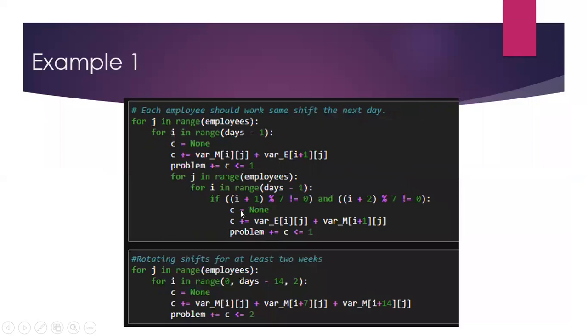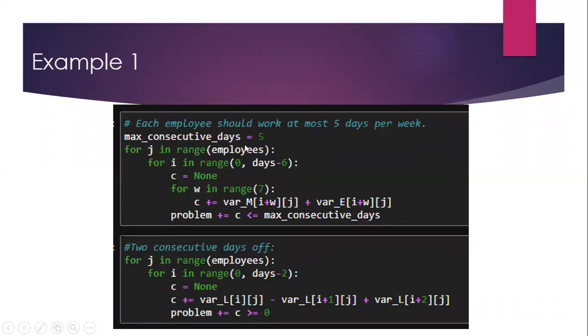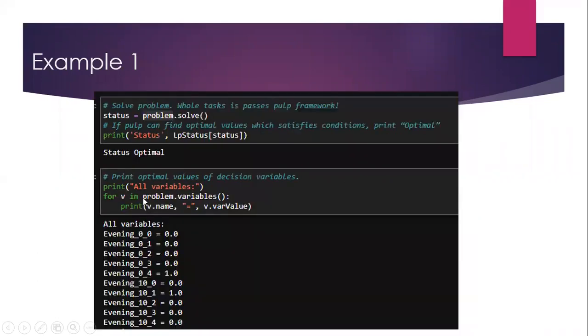Then we have this constraint that each employee should work the same shift the next day. This is the ideal situation. And rotating shift for at least 2 weeks. This is another constraint. Then each employee should work at least 5 days per week, and each employee should get 2 consecutive days off. So these are various constraints. And we solve the problem.